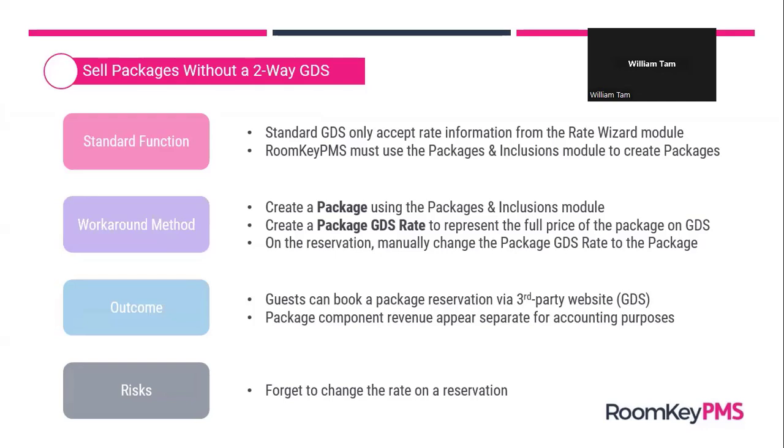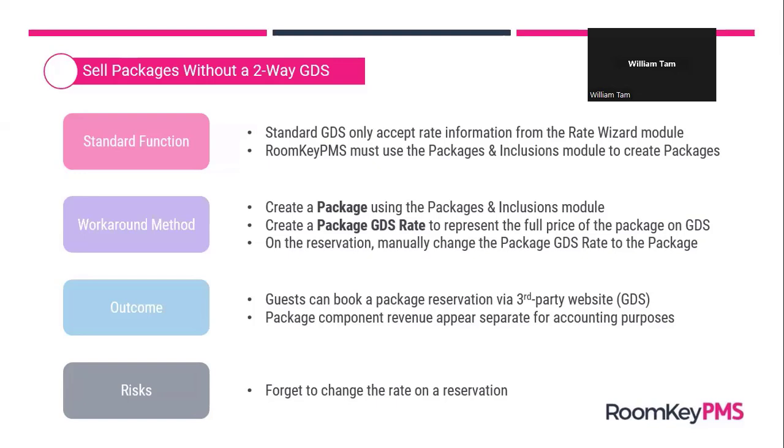But in RoomKey, we use the packages and inclusions module to bundle a rate from the Rate Wizard with a transaction code or multiple transaction codes from the transaction codes module. We use the packages and inclusions module to bundle those separate entities to create a package.